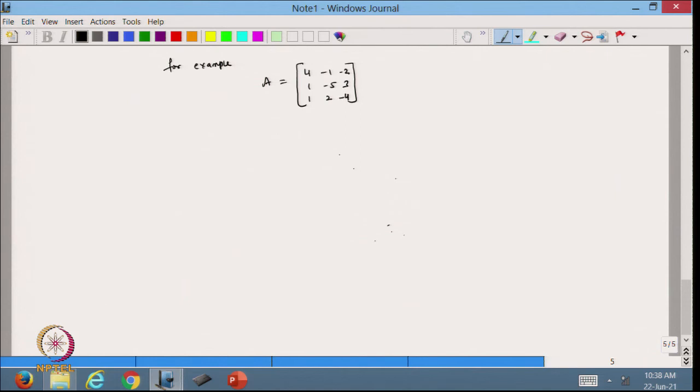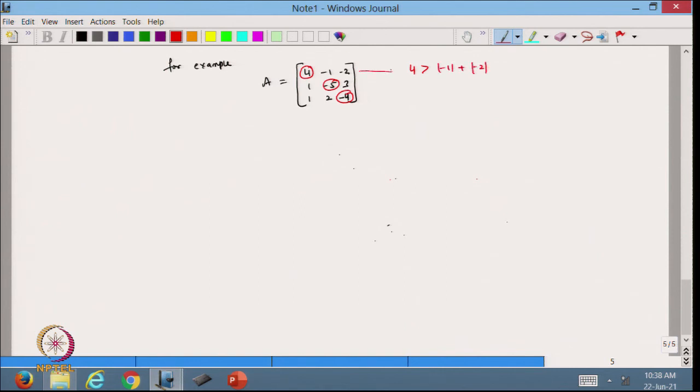So, in this case if you see, this is my diagonal elements, and from here I can say that 4 is greater than |-1| plus |-2|.